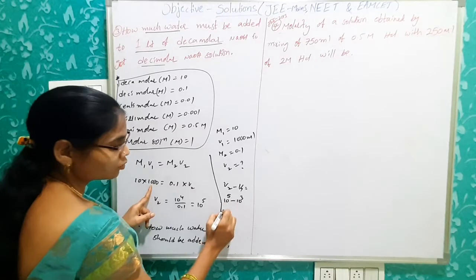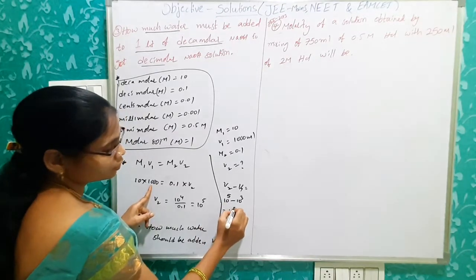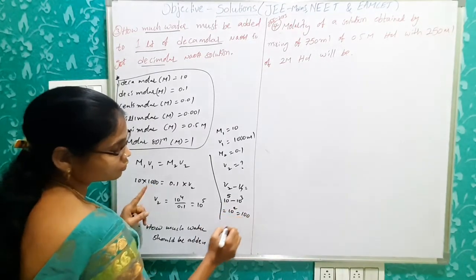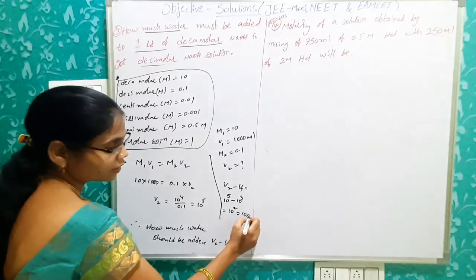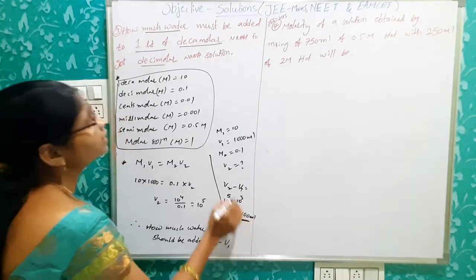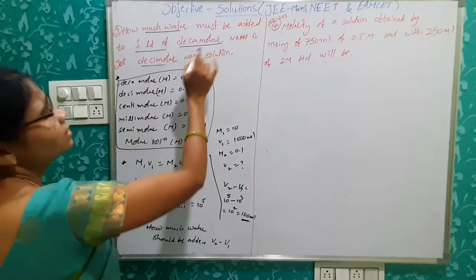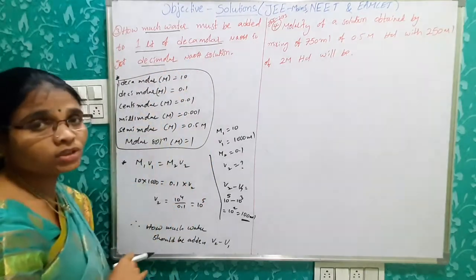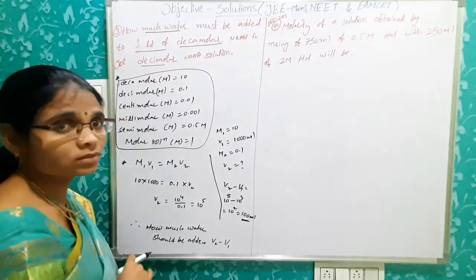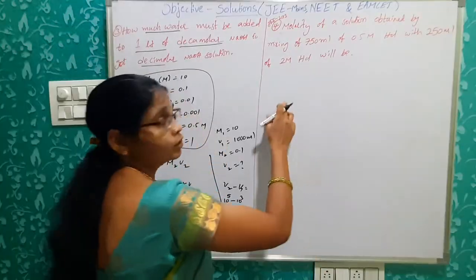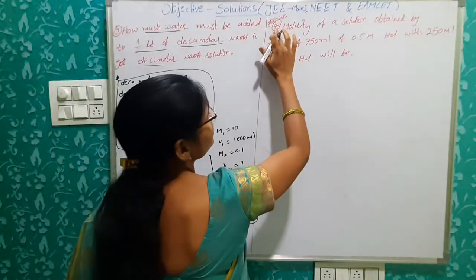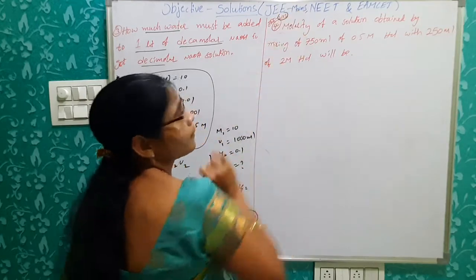So 10 power 2 only, that is 100 ml of water should be added to get the decimolar solution from the decamolar solution. Clear? Fourth problem. This is a previous JEE question, 2013.